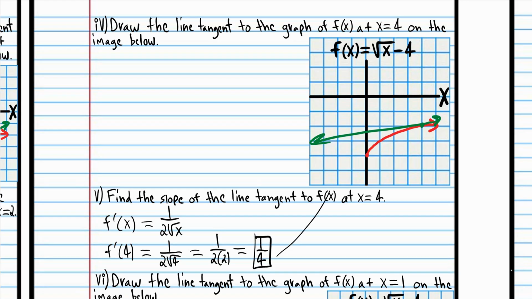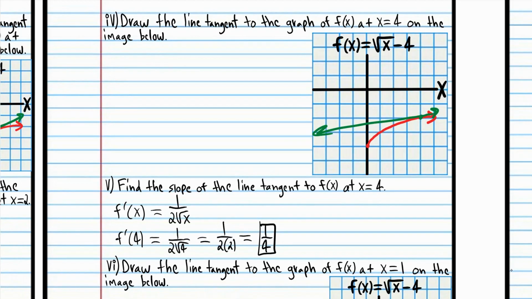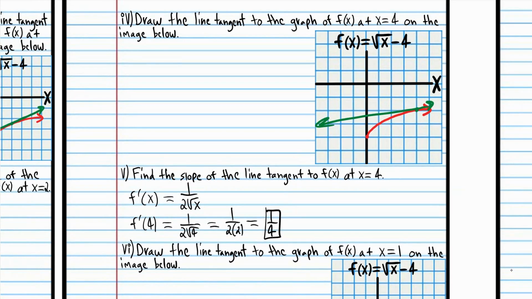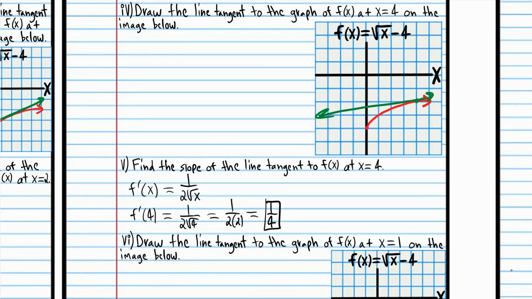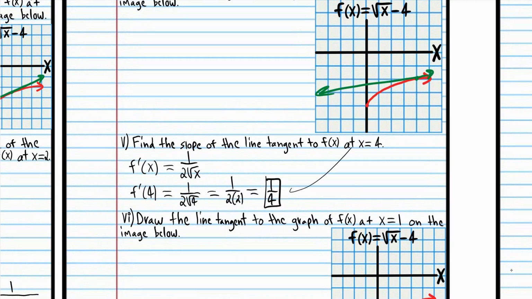So that kind of makes sense because this line is not very steep. It's only got a rise of 1 for every 4 units of x. My line may not be exact, so if you try to find the slope and it doesn't look right, again, our drawings are just estimates. It's not exact, but you can see that it's close. The slope of that line looks to be maybe about 1/4.